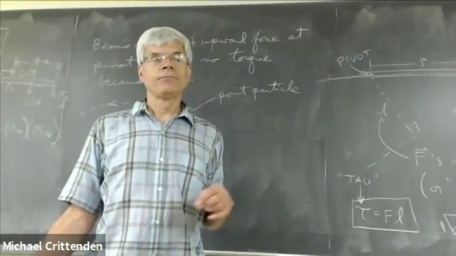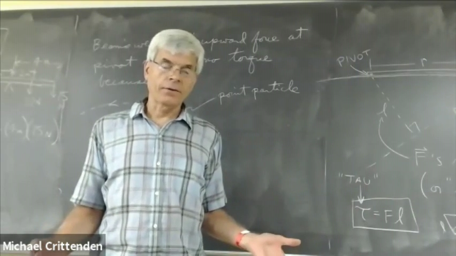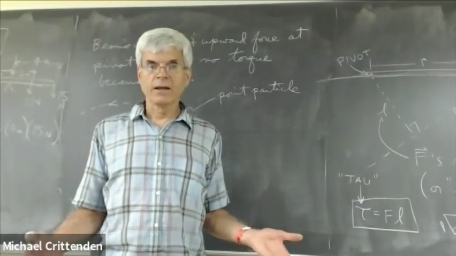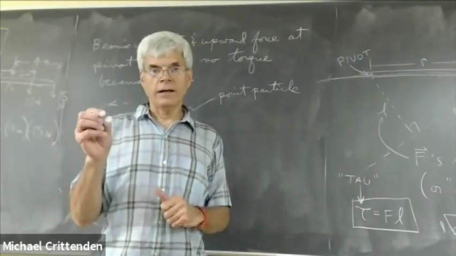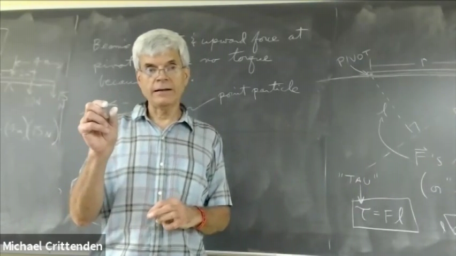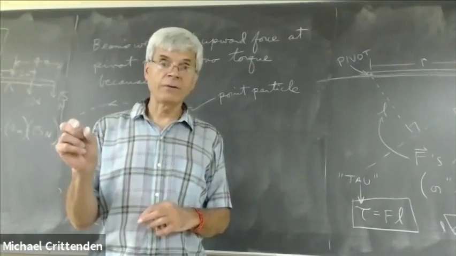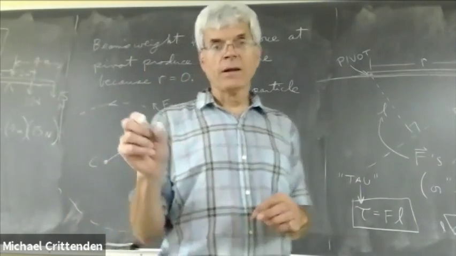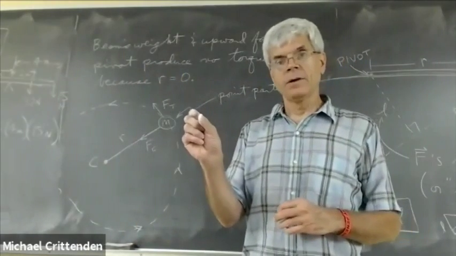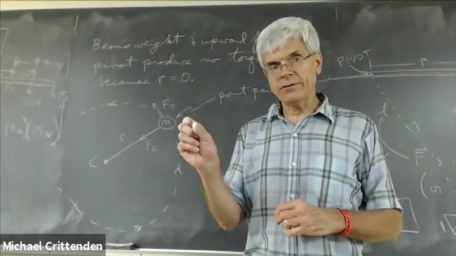Well, for example, if you want to talk about the Earth orbiting around the sun, saying that the mass of the Earth is located at a single point is actually a very, very good approximation, because the diameter of the Earth is only 8,000 miles.